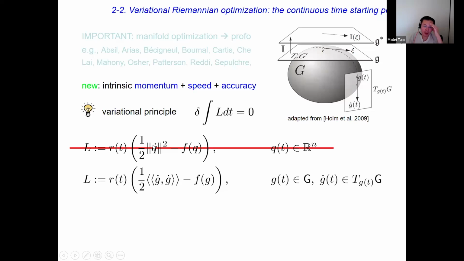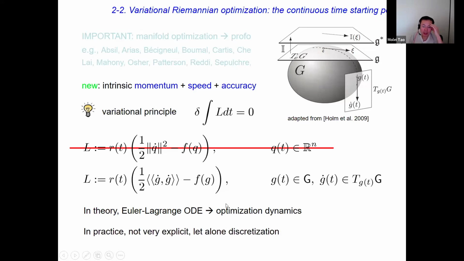And you may say, that's easy. You compute g dot, which lives in the tangent space. All you need is a Riemannian metric so that you can define a notion of kinetic energy. So in theory, you can do that. You can even write down the Euler-Lagrange equation corresponding to the critical point of this variational principle. If you are really good, that will correspond to optimization dynamics.